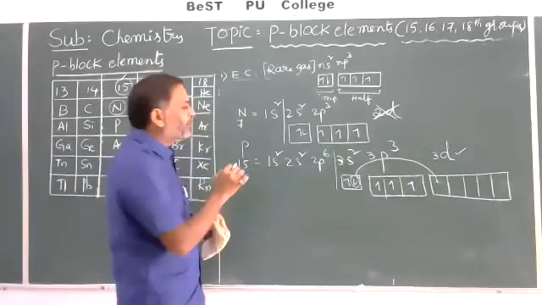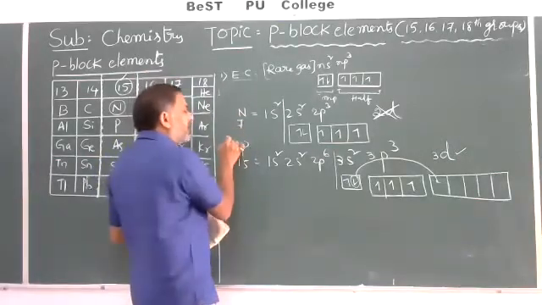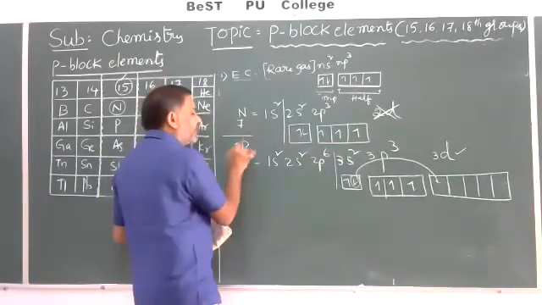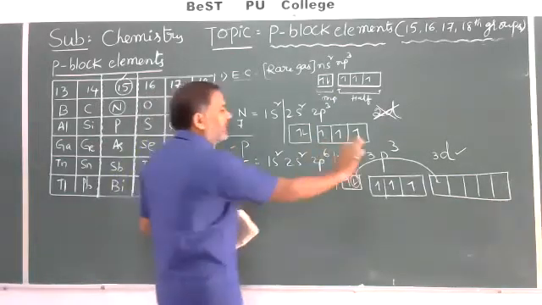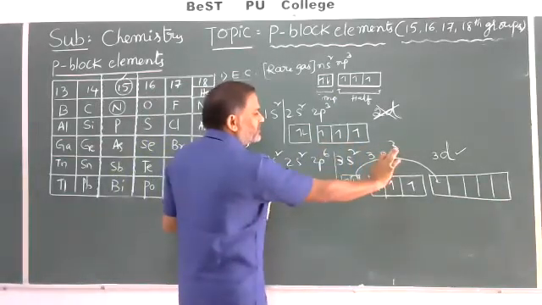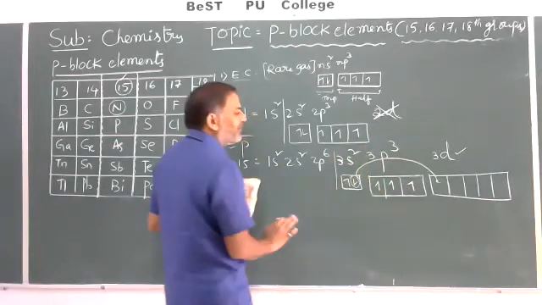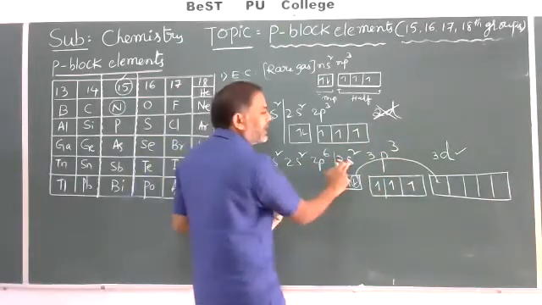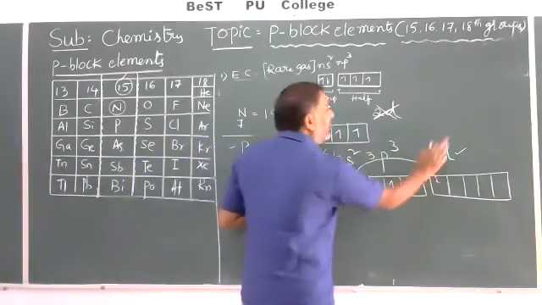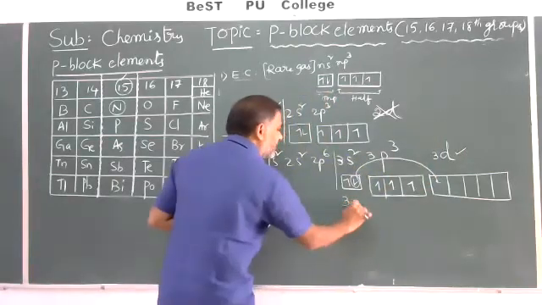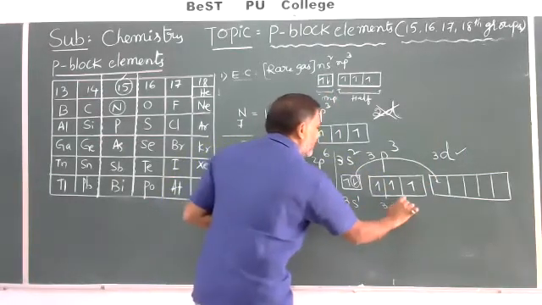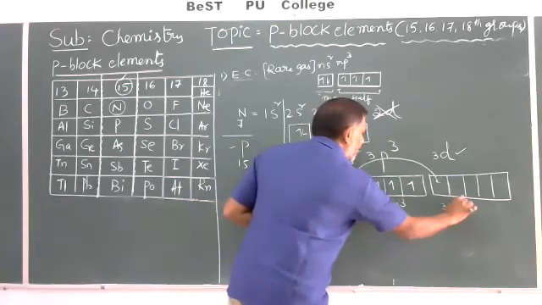That's why, except nitrogen, the remaining 15th group elements, from phosphorus onwards, have d orbitals available. The electrons are excited from 3s2 to 3d, giving the first excited state 3s1, 3p3 and 3d1.